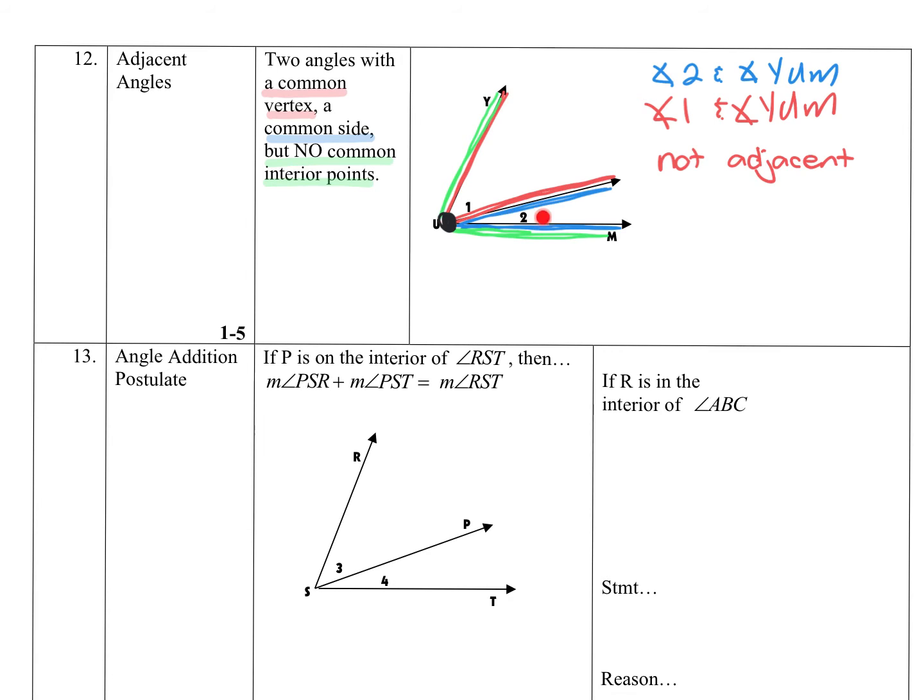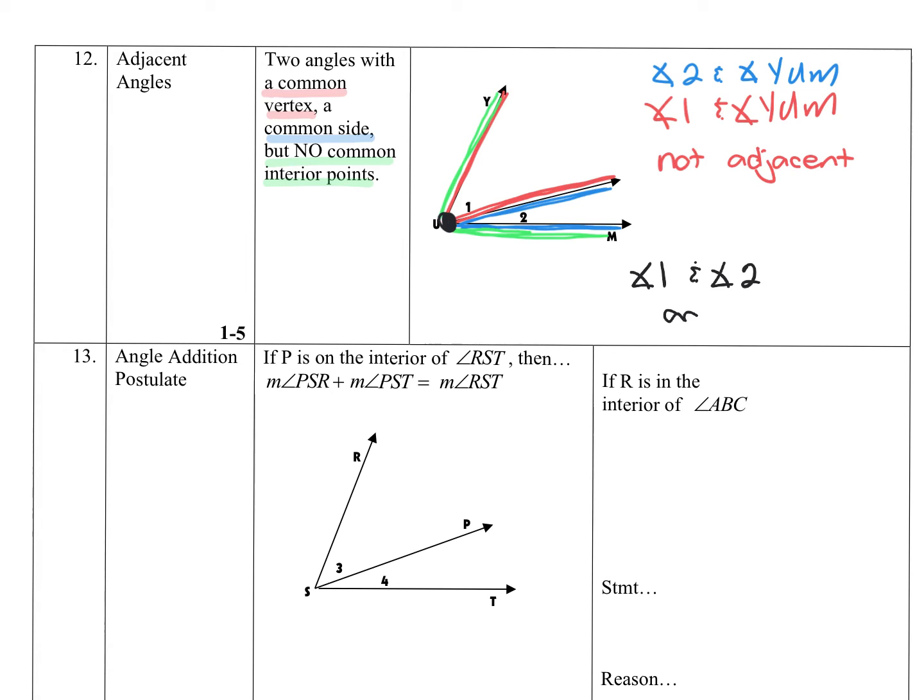Angle 2, the blue angle, and the green angle, they share the vertex, they share a side, so they meet these two requirements, but the interior points of angle 2 are also inside the green angle YUM, so they're not adjacent. In this figure, the two adjacent angles are angle 1 and angle 2.